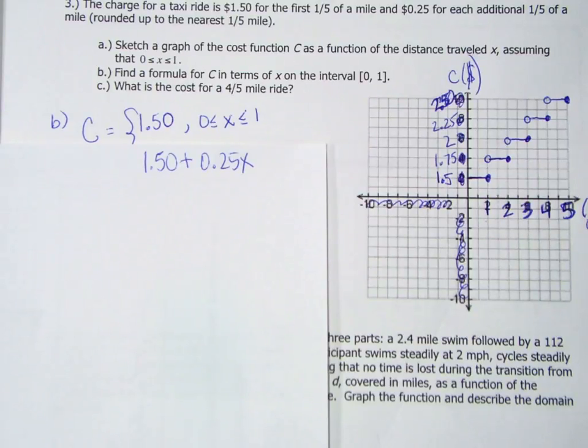It's not taking into account when it changes from the different fifth miles. Can you elaborate on that a little bit? Sure. Because it says $1.50 for the first 1/5 mile, it doesn't show that it's for the first 1/5 of a mile in that equation.